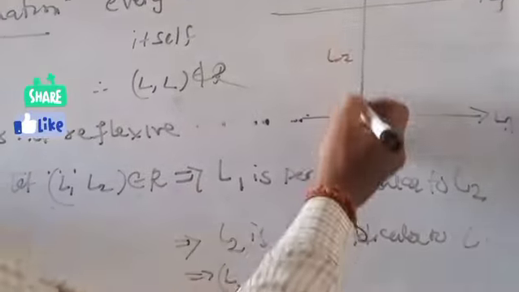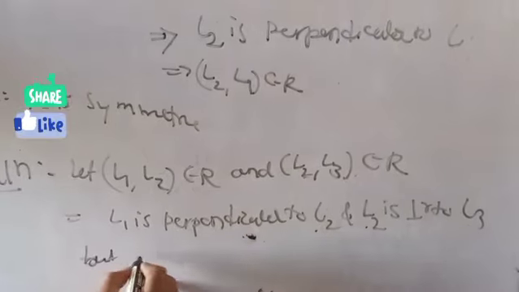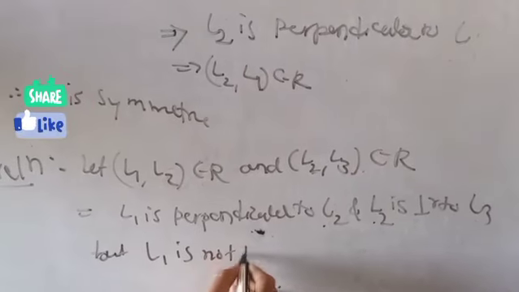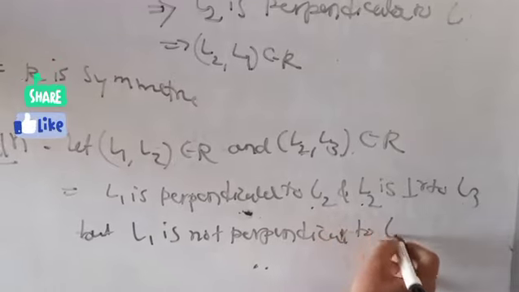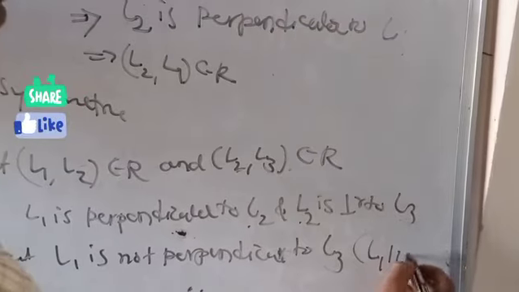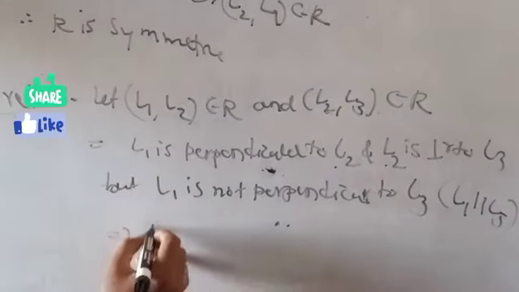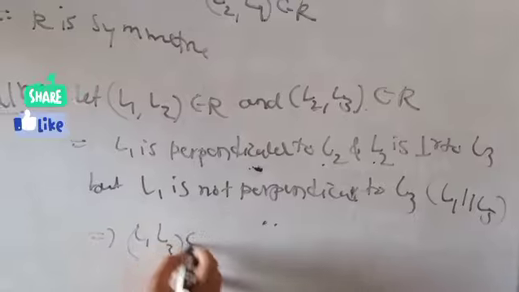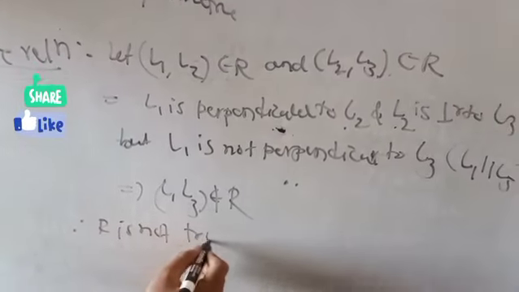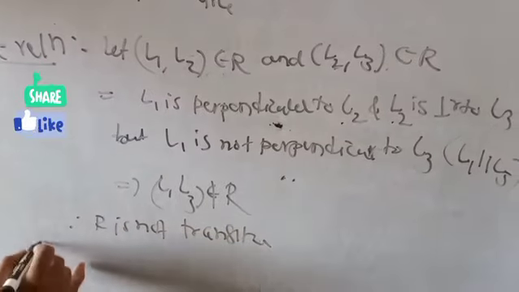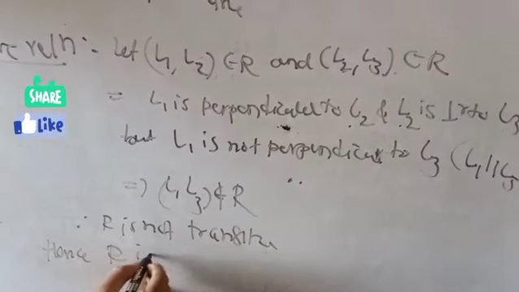This is L3. L1 is perpendicular to L2, and L2 is also perpendicular to L3. But L1 is not perpendicular to L3; it is parallel. L1 is parallel to L3. Therefore, (L1, L3) does not belong to R. Therefore, R is not transitive. Hence, R is symmetric but neither reflexive nor transitive.